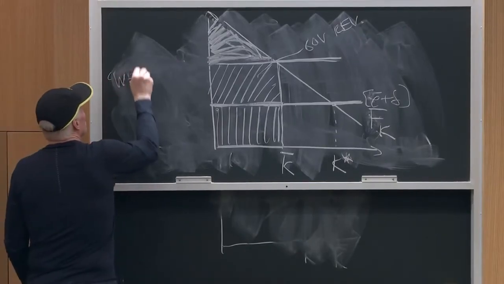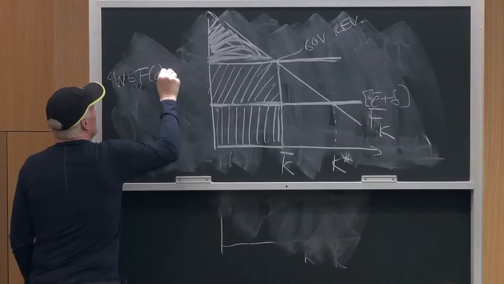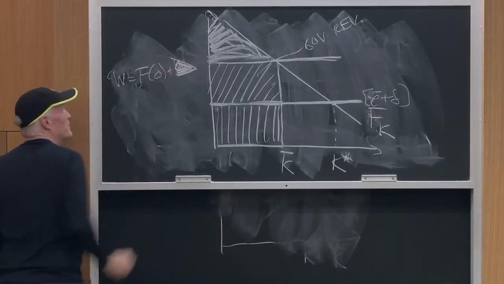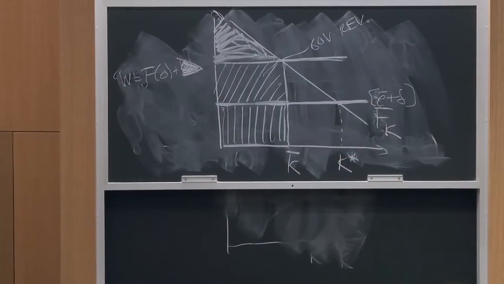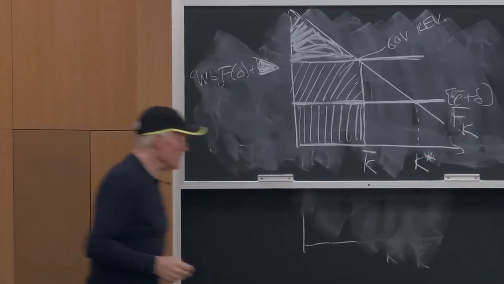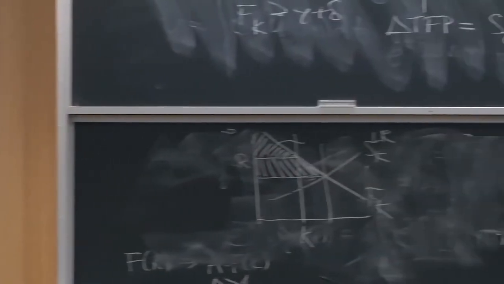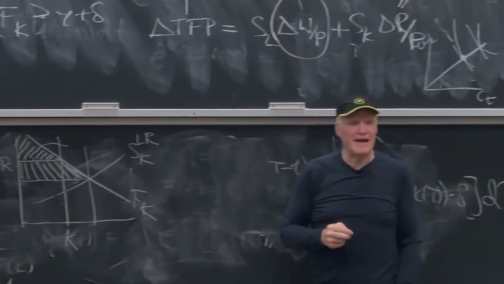W equals F0 plus the triangle. Everybody agrees with that? That would go to the government. That's the equilibrium wage to workers. Now, what would happen if the government eliminated the tax on capital?